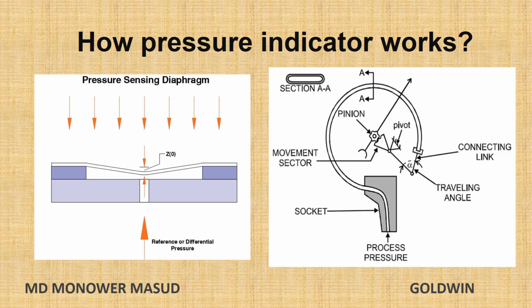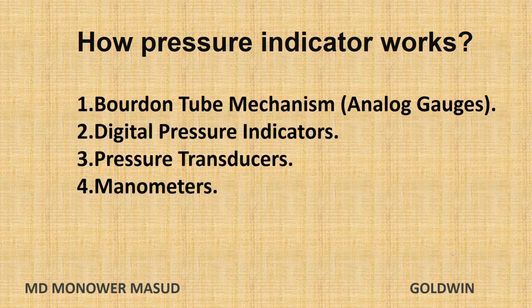These use electronic sensors and display pressure readings digitally. Differential pressure indicators. These measure the difference in pressure between two points in a system. Pressure indicators work based on various principles, depending on their design and type. Here's a breakdown of how some common pressure indicators work.